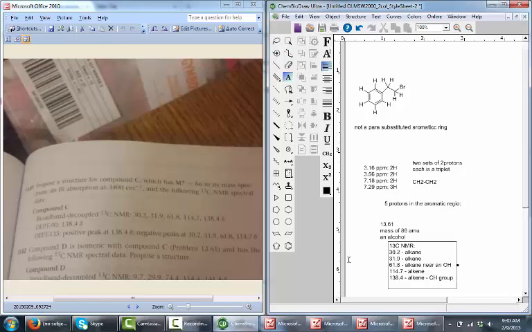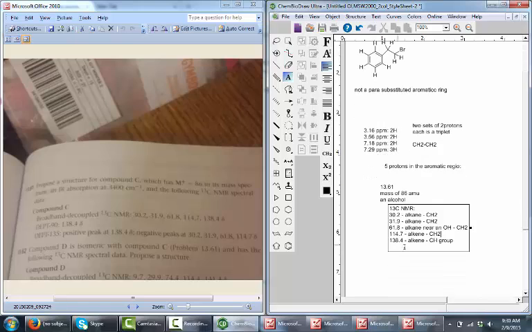Now I go to the DEPT 135, and the DEPT 135 shows me a positive peak at 138. Okay, so that's good. That's a CH group. That confirms that. And then all my negative peaks in the DEPT 135 mean CH2 groups. So this one's going to be CH2, this one's going to be CH2, this one's going to be CH2, and this one's going to be a CH2 as well.